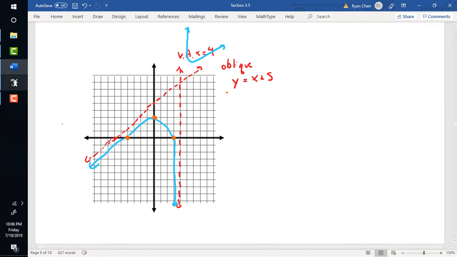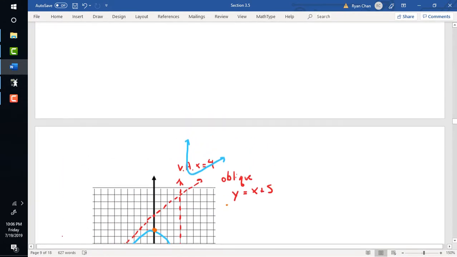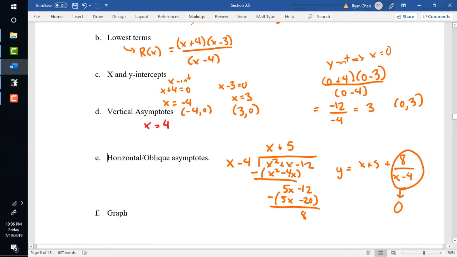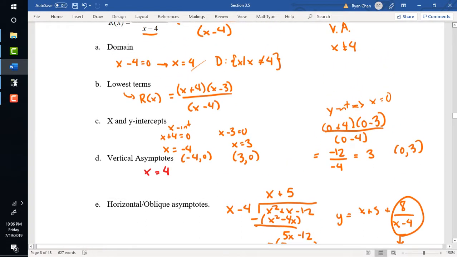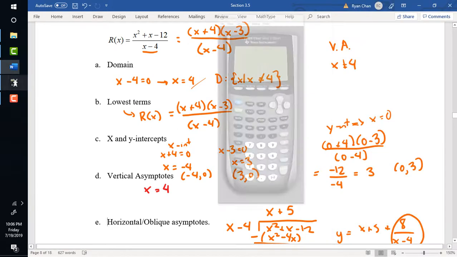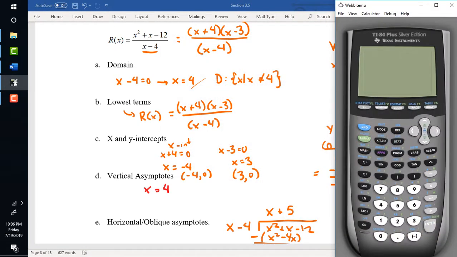Now, here's the thing. If you're not sure if you did this correctly, use your graphing calculator to check. So let's take a look at this here, okay? Don't worry too much about the shape. Focus on where it ends and leads, okay? So make sure you put this in parentheses, x squared plus x minus 12 divided by x minus 4.